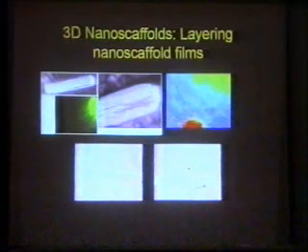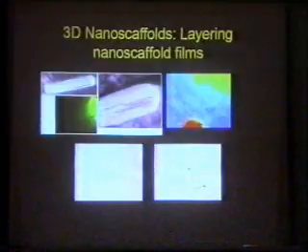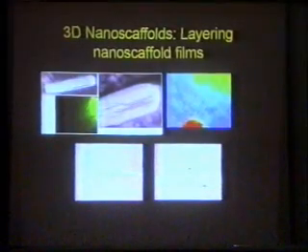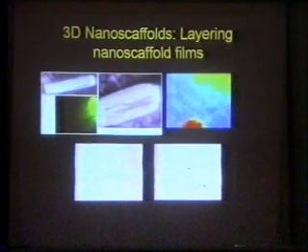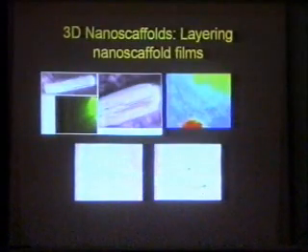So the principle is this. Paul Letourneau, who is in Minneapolis, demonstrated really beautifully that growth cones, if you give them a choice of two substrates, choose the substrate they prefer.